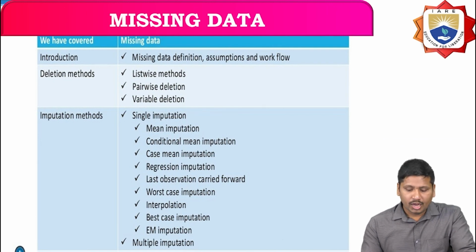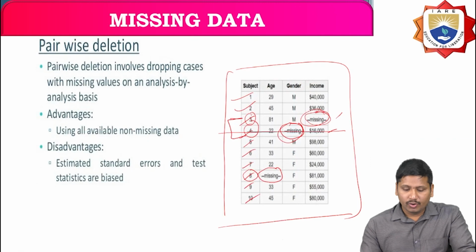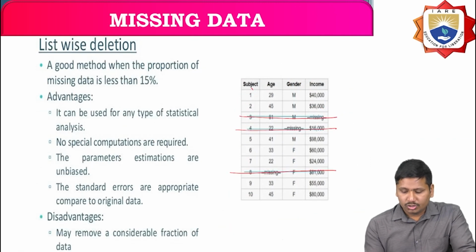So here we have the deletion methods like listwise deletion, pairwise deletion, and variable deletion. In listwise deletion, the rows with missing values are going to be deleted. That is listwise deletion.